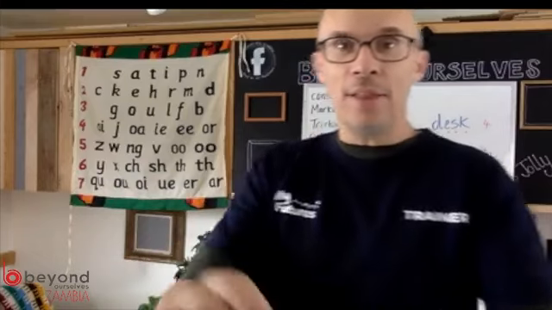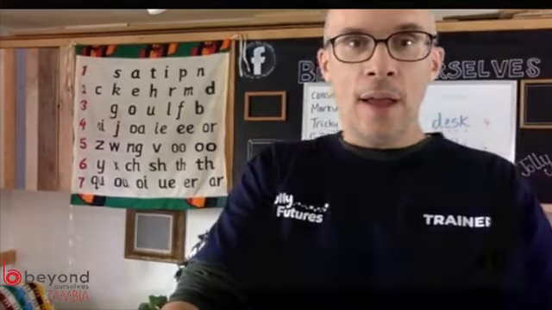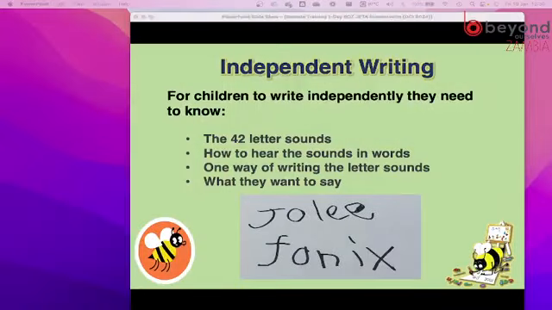So have a look at this next image here. What word is the learner trying to write here? Have a look at that and then write a comment for me in the comment section. What word do you think our learner is trying to write?